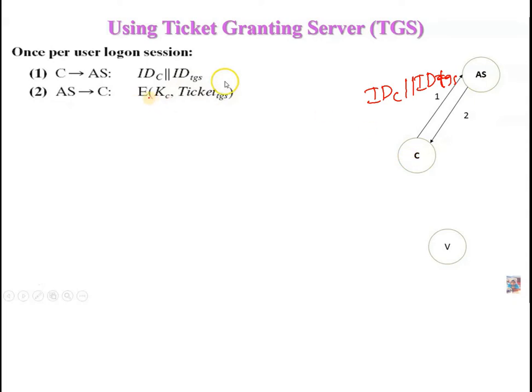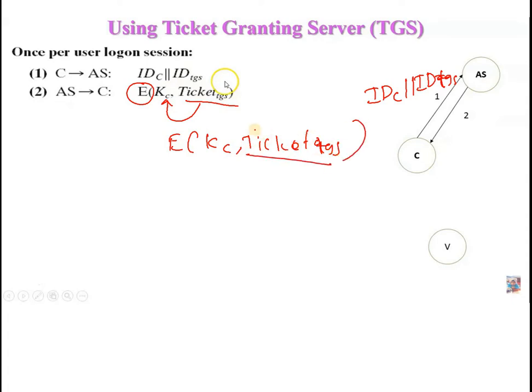You can see here in the second step, ticket TGS is generated. Along with that, it will send, okay, this ticket is encrypted by KC. You can see here E KC comma ticket TGS. That means this ticket TGS is encrypted by KC.